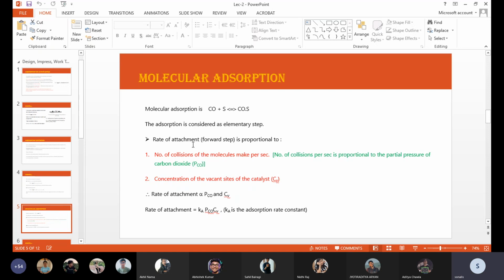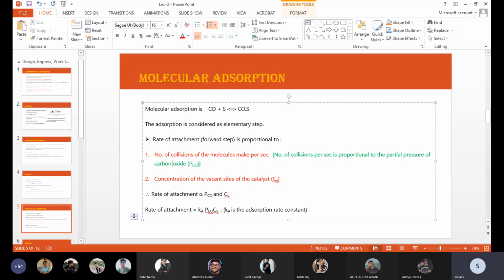So the rate of attachment depends on the number of collisions the molecules make per unit time, and in turn that number of collisions per second is proportional to the partial pressure of carbon monoxide gas.